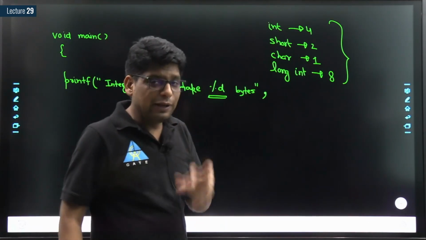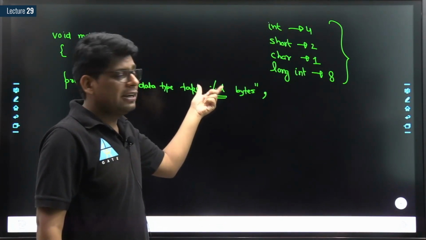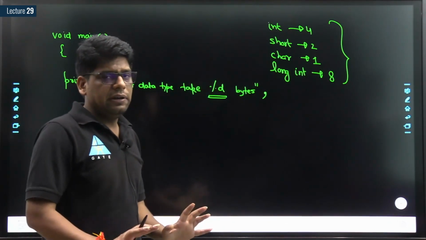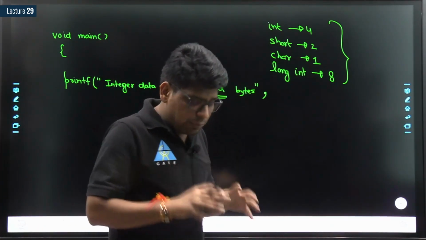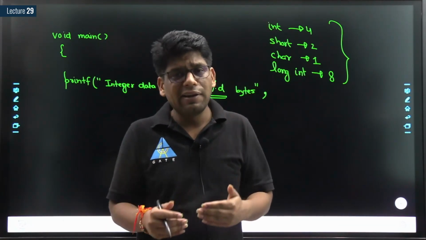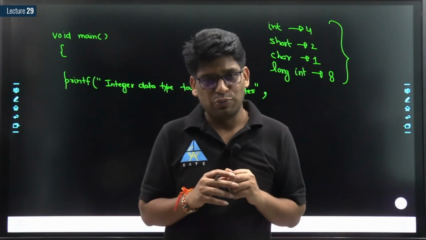There, I will tell you the exact return type of the sizeof operator. As of now, think of it that way. It is returning an integer. Why am I not discussing it here? Because right now you are all in the beginning phase. I don't want to confuse you.